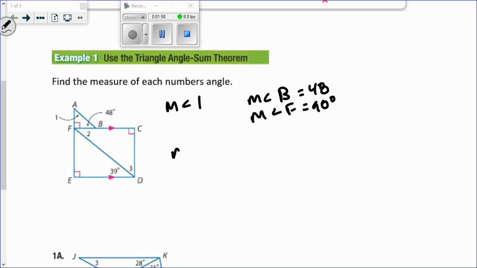So measure angle 1 plus 48 plus 90 should sum to 180. Subtract 90 and 48 from 180. That would give you that the measure of angle 1 is equal to 42.